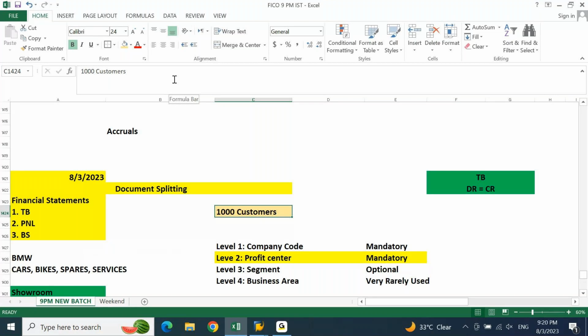If I put 1,000 customers in my balance sheet, and similarly around 500 vendors, will it be possible to review or understand the balance sheet?